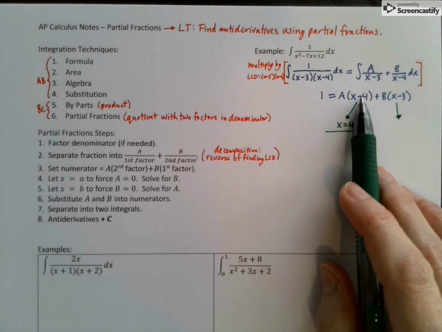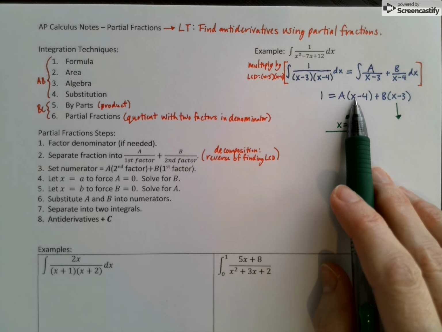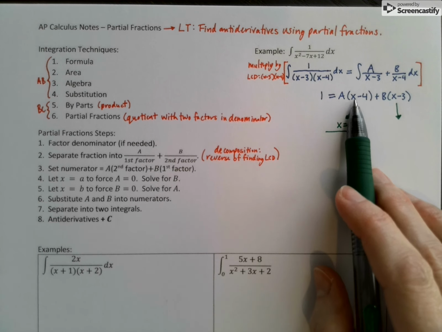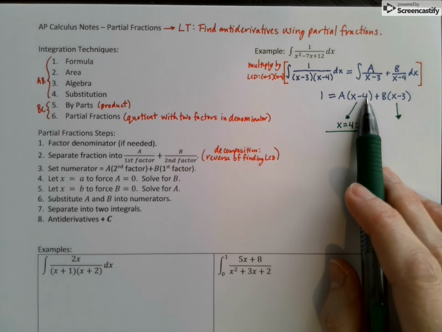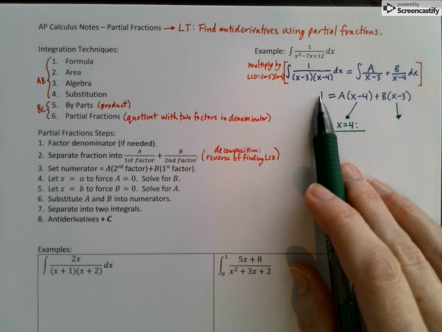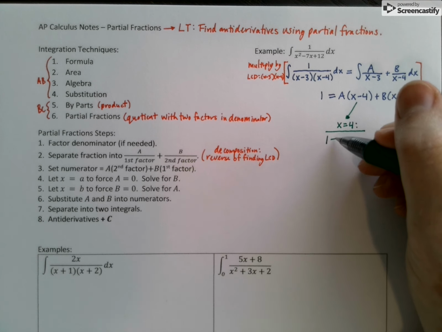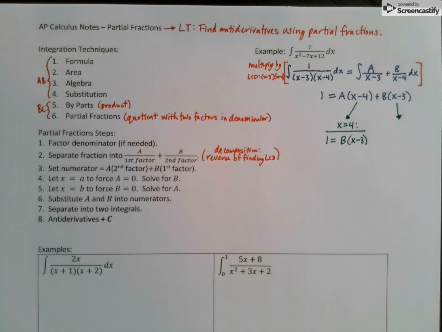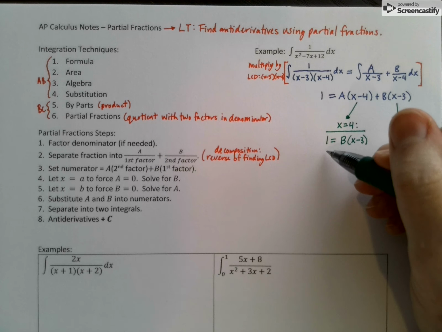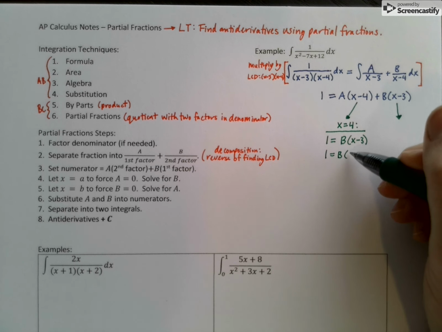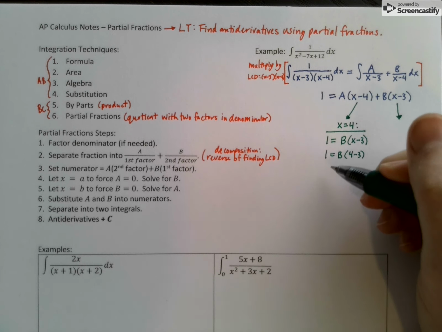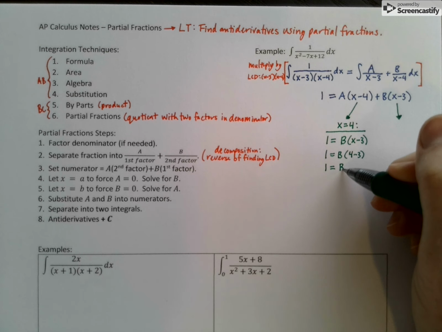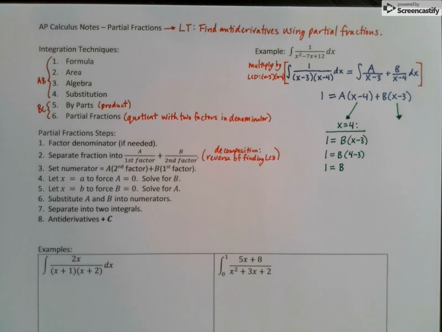So for this first factor, if x is equal to 4, this x minus 4 is going to be 0, and it will cancel out the A. That will allow me to take this equation and solve it for B, because I'll only have 1 equals B times x minus 3 left. Knowing that x is 4, I can substitute that in, and it looks like B times 1 equals B, so B equals 1.